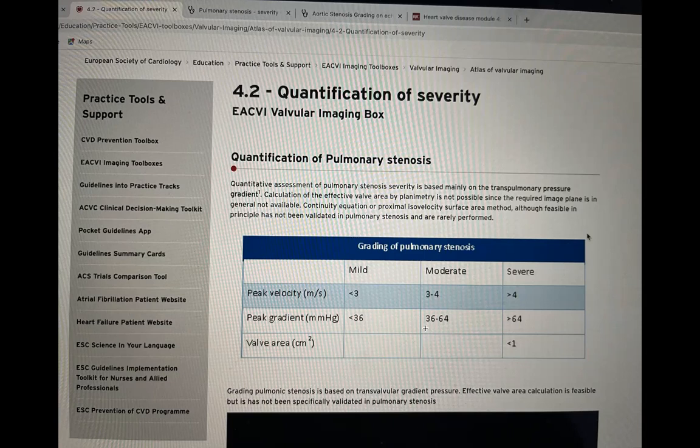And the indication for surgery also, if the child's growth is compromised. So one is symptomatic, and for gradient you have to tell two things: right ventricular pressure more than 60, and the pressure gradient across the valve more than 40. Sometimes they consider moderate also, as long as they have symptoms.